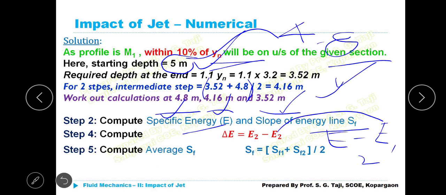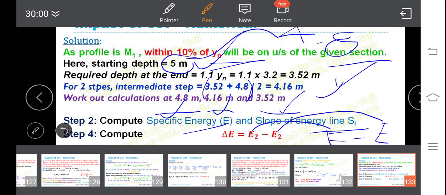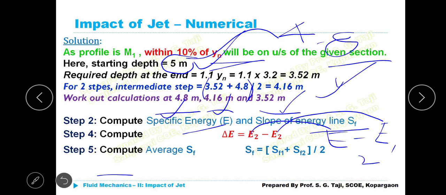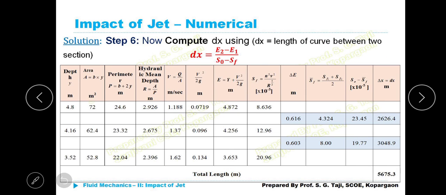This is E1. This is E2. And SF bar is equal to SF1 plus SF2 upon 2, the average SF. So the SF formula is there. Everything we will calculate in the tabular column. Look, this is the tabular column.